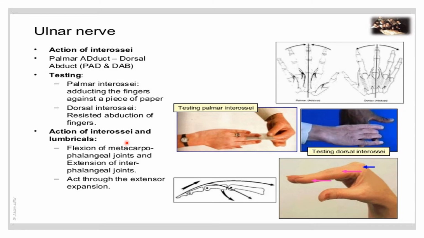The action of these interossei and lumbrical muscles is flexion of the metacarpophalangeal joints and extension of the interphalangeal joints, acting through the extensor expansions. Here you can see the extension of the interphalangeal joints and flexion of the metacarpophalangeal joints.